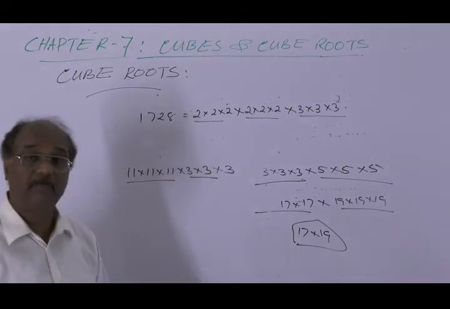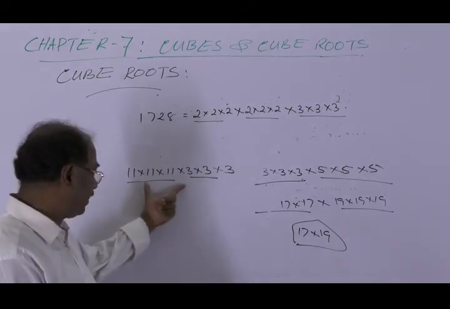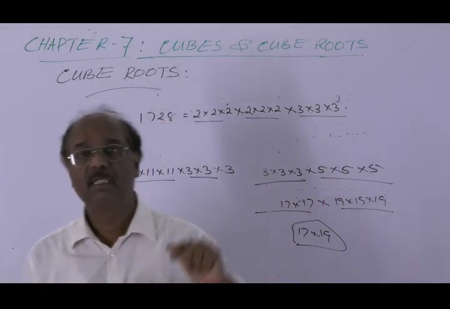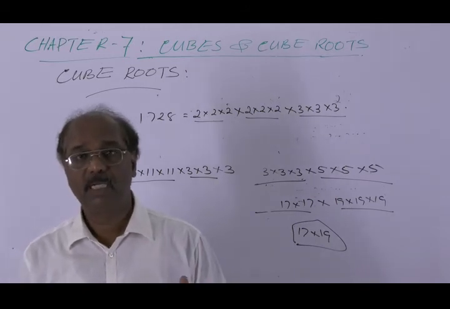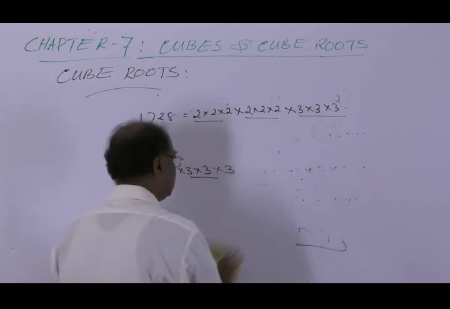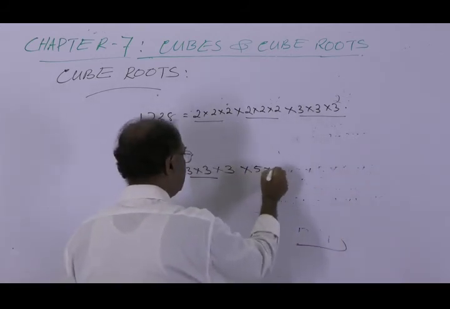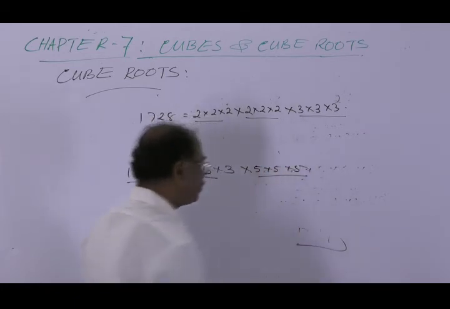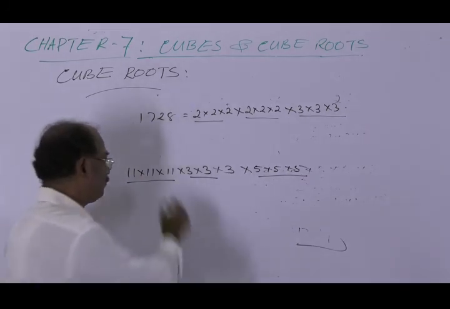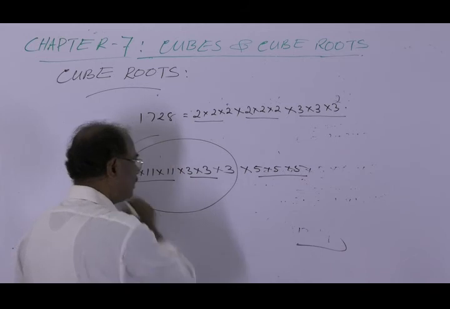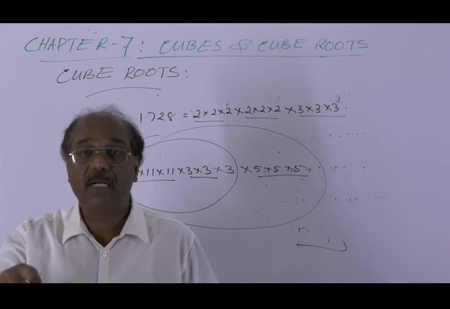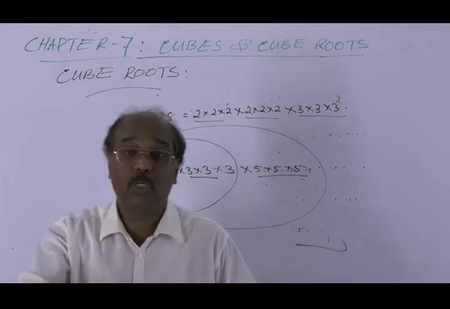This will become a perfect cube. From the given number, we obtain another number which is a cube by multiplying with this 3. If we multiply again this with 5 into 5 into 5, three 5s also, then this will again be a cube. So from a given number which is not a cube, we can find another number or numbers which are cubes.